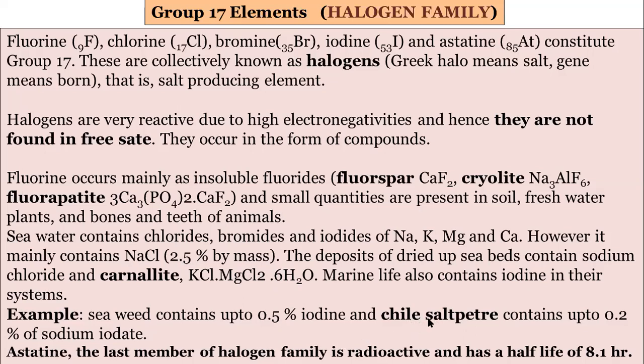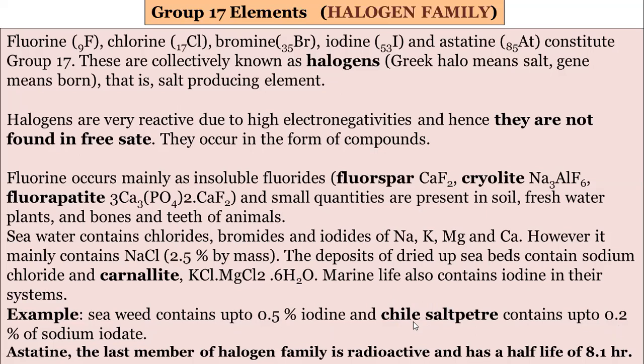And this is iodine. So remember, seaweeds means in the sea there are different types of weeds that contain 0.5 percentage of iodine, and chili saltpeter contains up to 0.2 percentage of sodium iodate. So this is asked for examination many times.